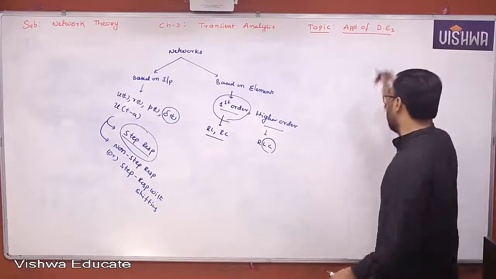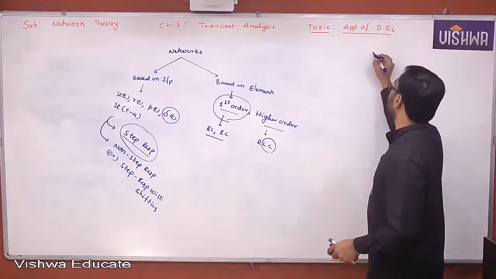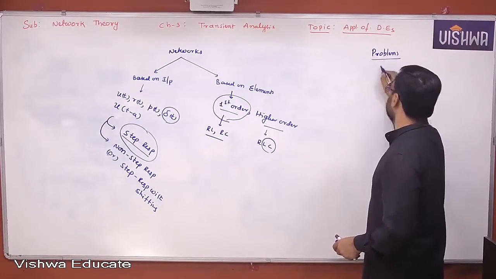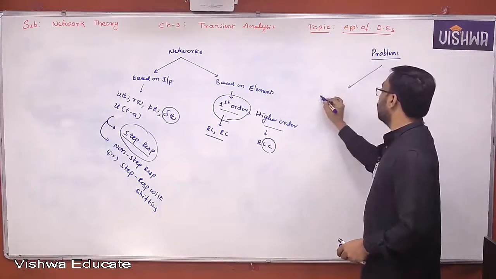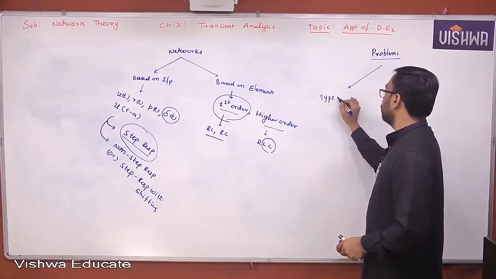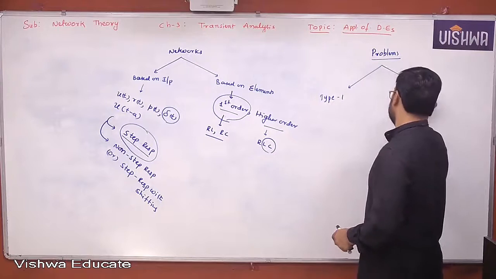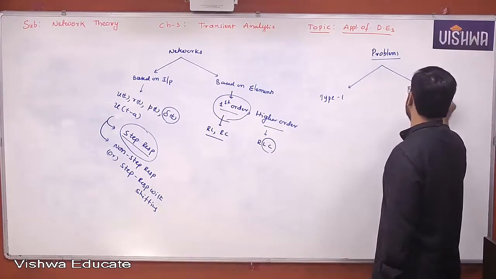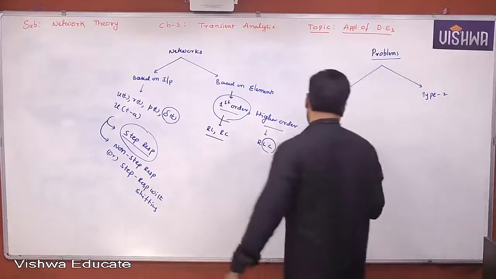So there are two types of problems. The first type of problem, type 1, and type 2. What is the type 1? First tell me all of you.